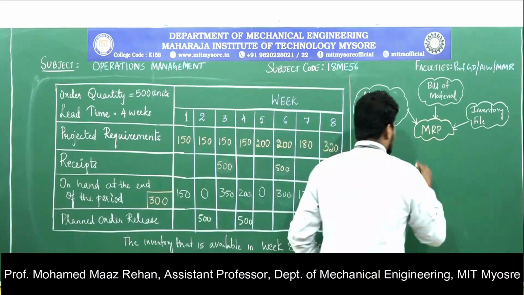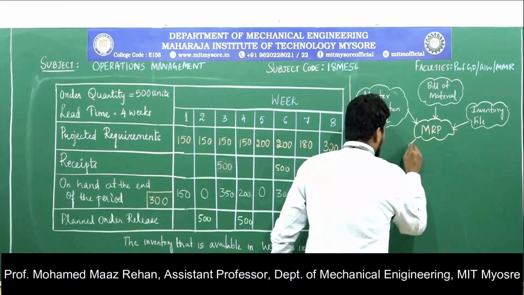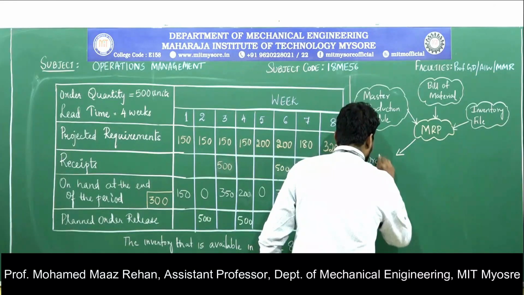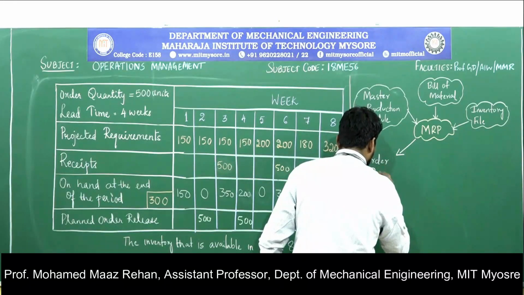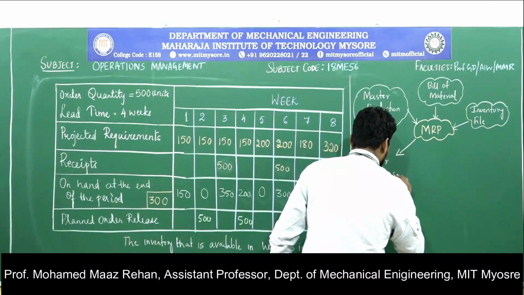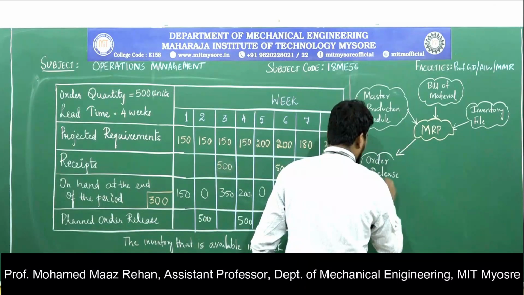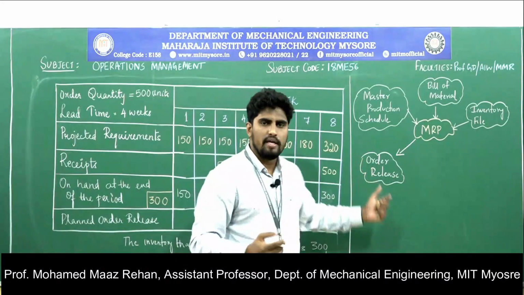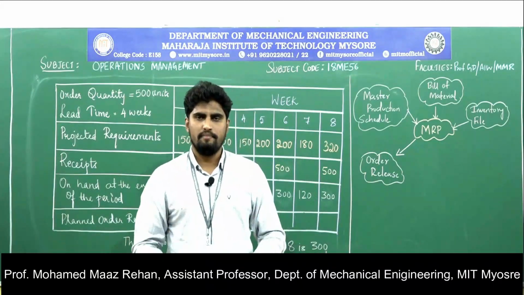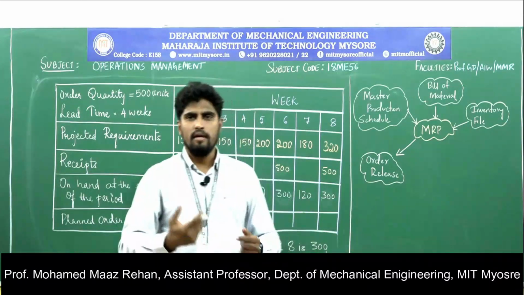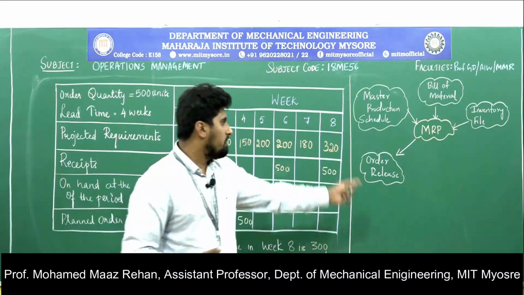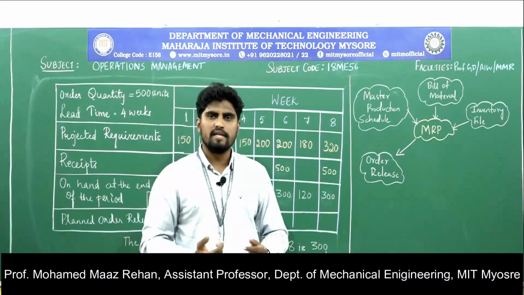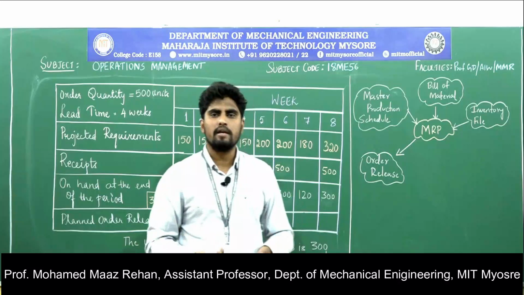So what are all the outputs of MRP? The outputs of MRP are order release, so order release is nothing but, whenever you are going to place an order. In an organization, we have the purchase department. In order to procure material from the outside vendor, the purchase department will place an order for the quantities required for the manufacture of a particular component.